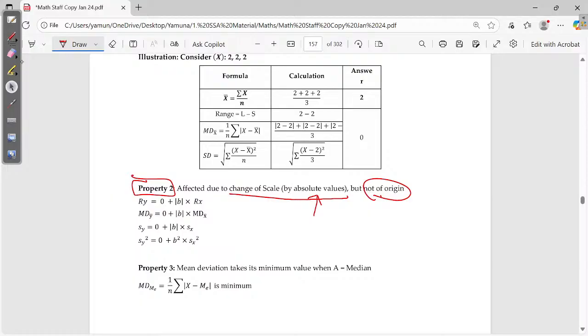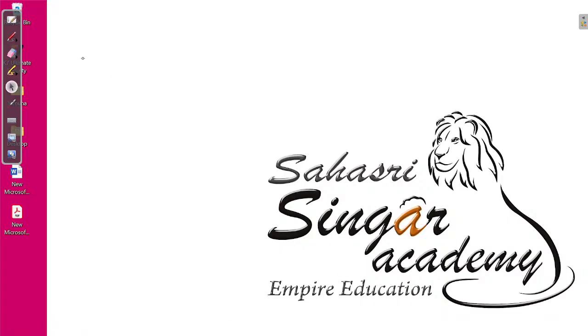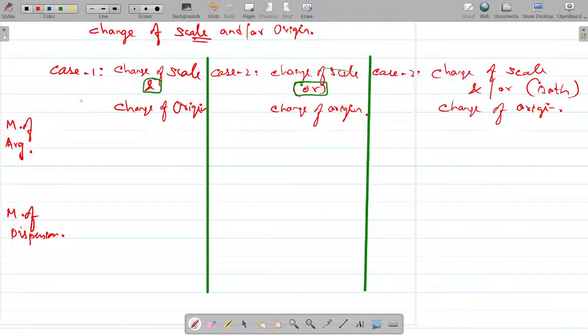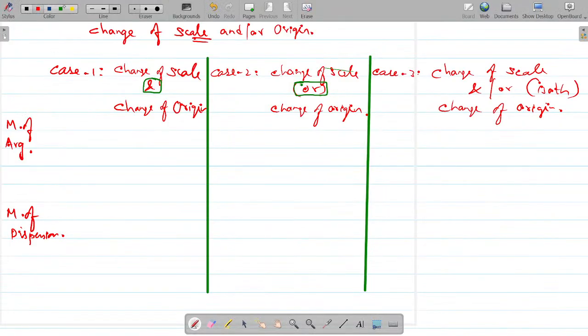Okay. Can you just go through, please? With respect to measures of averages, what happens with change of scale and change of origin? Does it get affected? Please refer to the property on page 2.7.